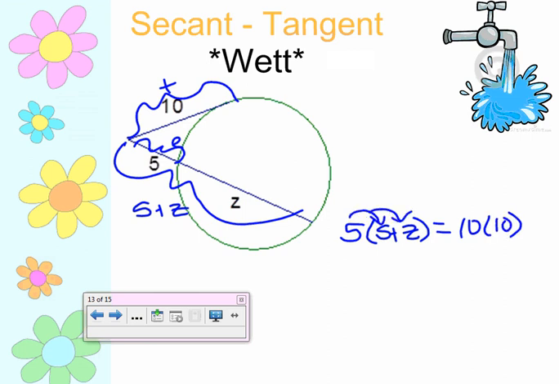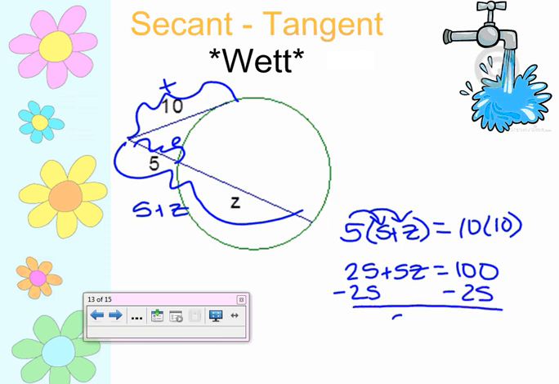Distribute my 5. So I'm going to have 25 plus 5z equals 100. Subtract 25 from both sides. And we get 5z equals 75. Divide by 5. And z will equal 15.